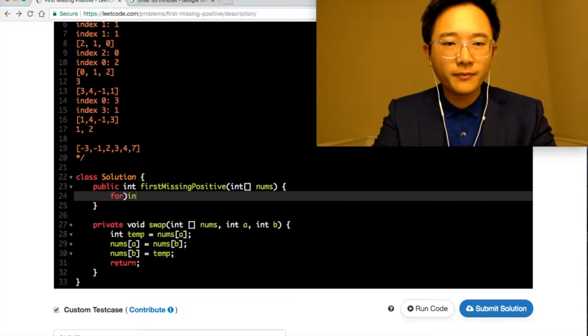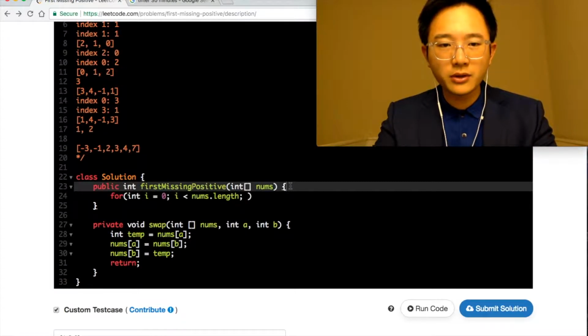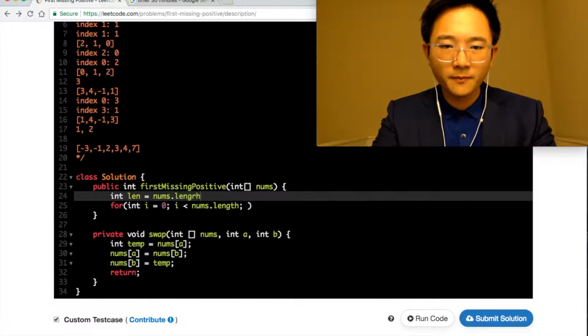So for i is equal to 0, i less than nums.length. You know what? What I usually would do is I would assign the length of the array to a length.